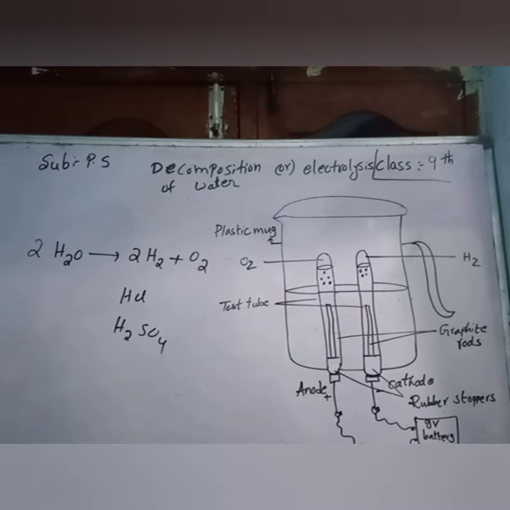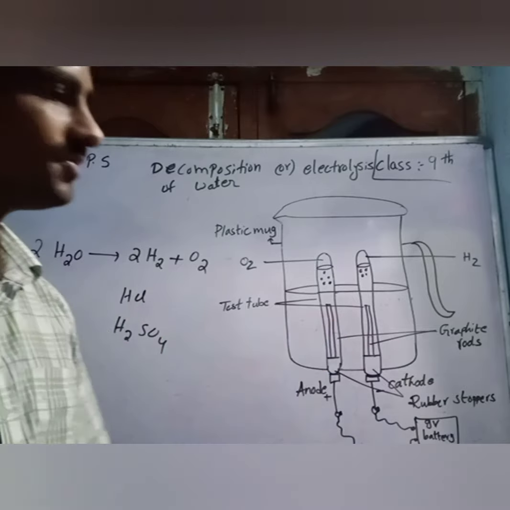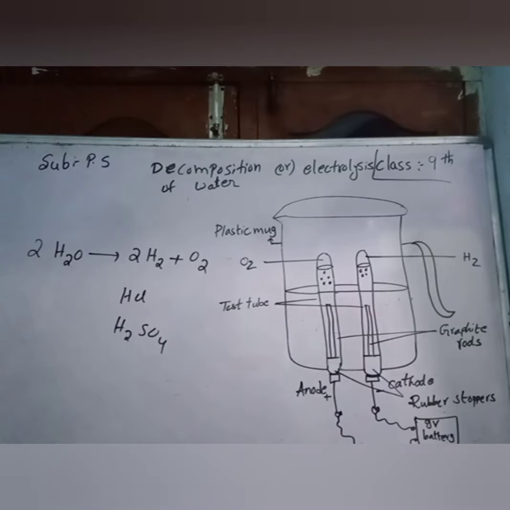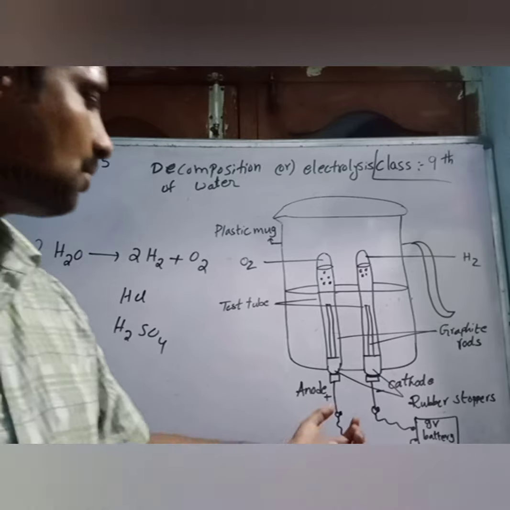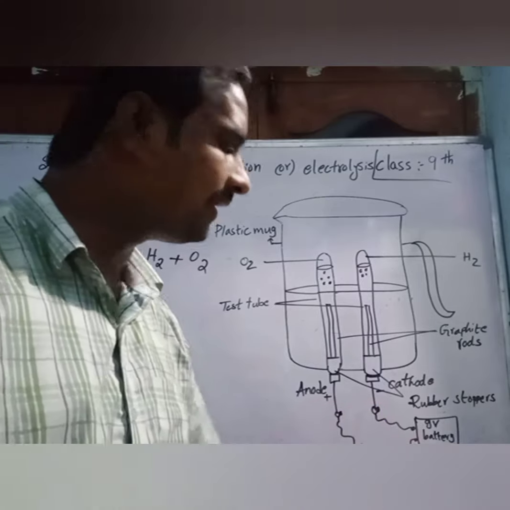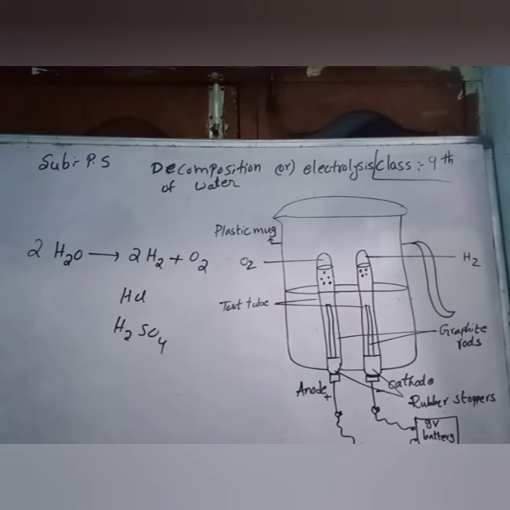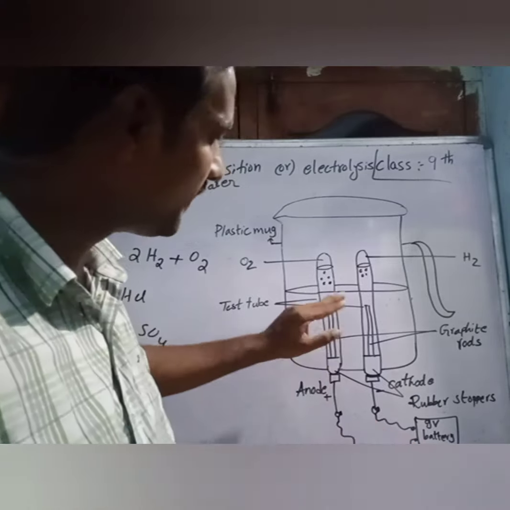Now add a small amount of HCl or H2SO4 to the water also. Clear? Now connect the anode and cathode to the battery. Now the switch is closed, so the current is passing through water.